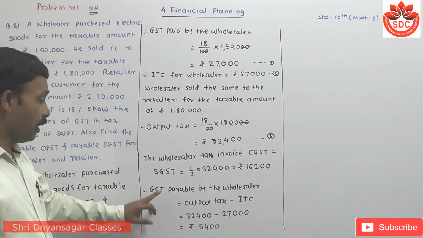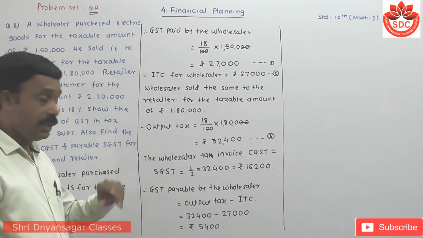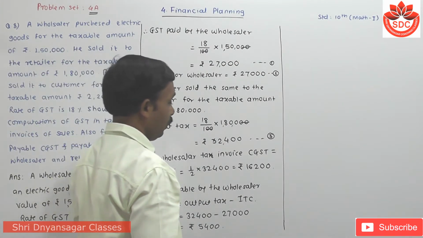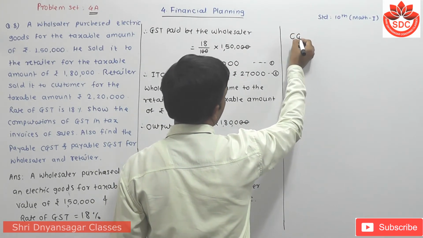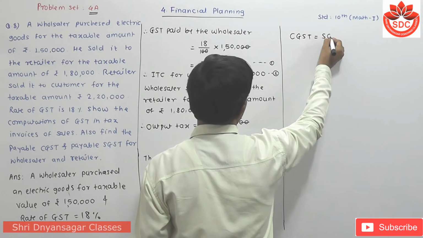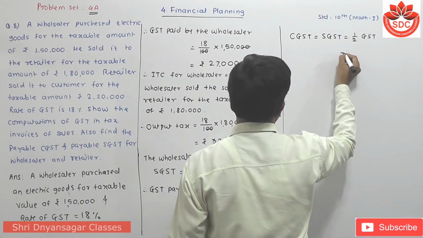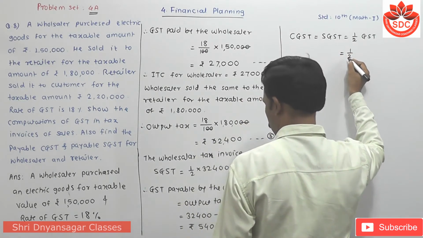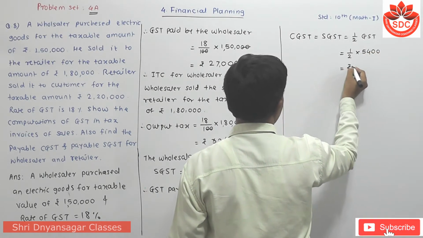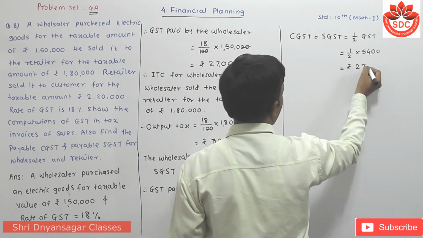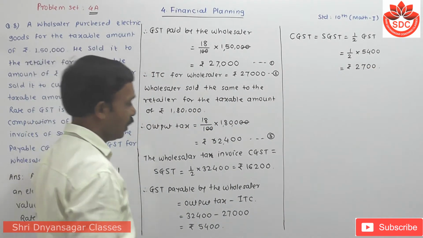Using the GST, we have to find out the CGST and SGST for the wholesaler. Therefore, CGST payable is equal to SGST is equal to half of GST is equal to half of 5,400 is equal to rupees 2,700.